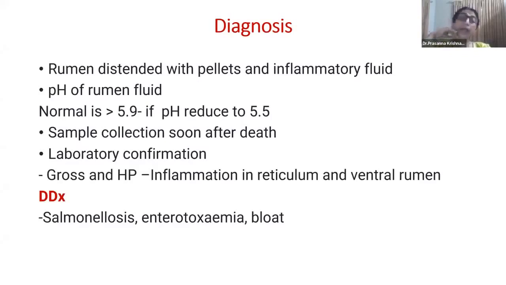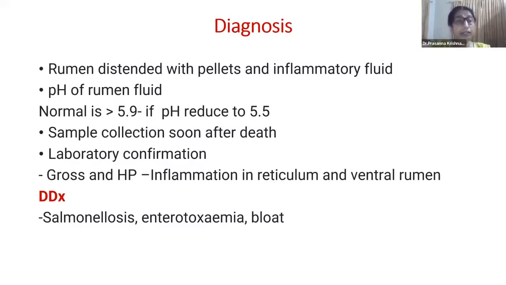And please see that if a suspected animal has died, we need to collect this liquor soon after death, because as time passes, the pH will change. The sample collection should be done very soon after the death of the animal.